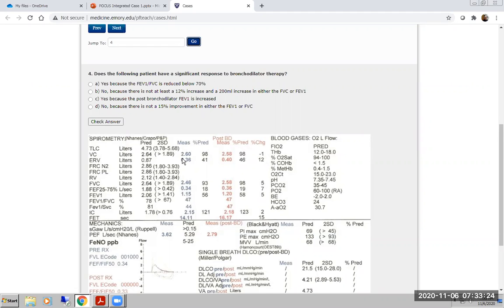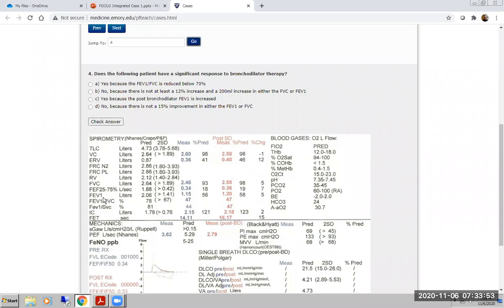So now the question is, will this patient respond to bronchodilator therapy? If we look over post-bronchodilator, and we remember our definition, greater than or equal to 12% plus a 200 ml increase, what would you say? So there's the vital capacity. Not so much, huh?